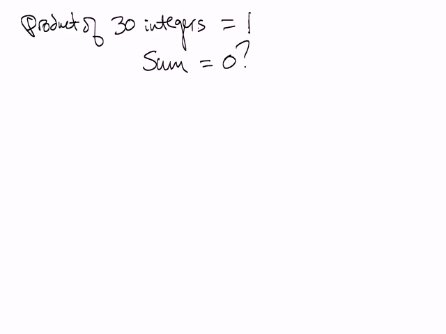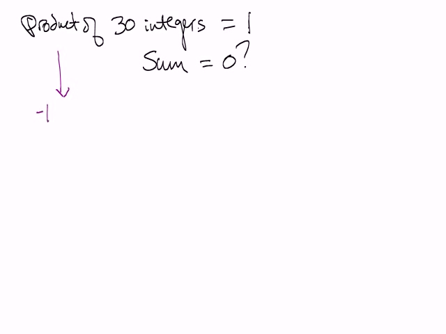For this problem, you're told that there's a product of 30 integers equaling 1. So x sub 1 times x sub 2 times x sub 3, etc. equals 1. Can their sum equal 0? Now, first off, have to note, okay, integers are just the whole numbers, positive or negative.